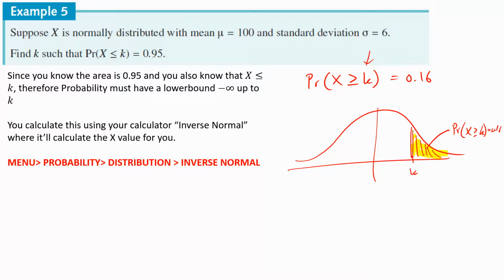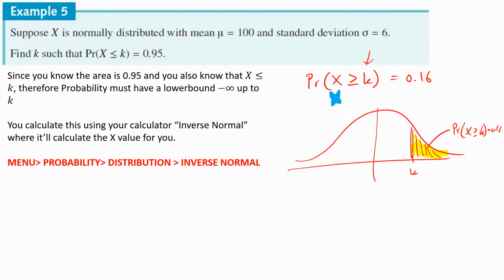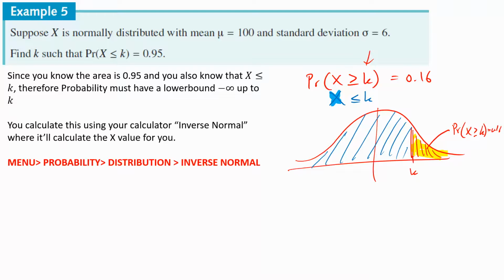If I said x is less than or equal to k, then I'm talking about this region. But it makes sense the probability can't be 16% at that point. At that point, it obviously has to be more than 50. So they might say this is, let's say, 78%.